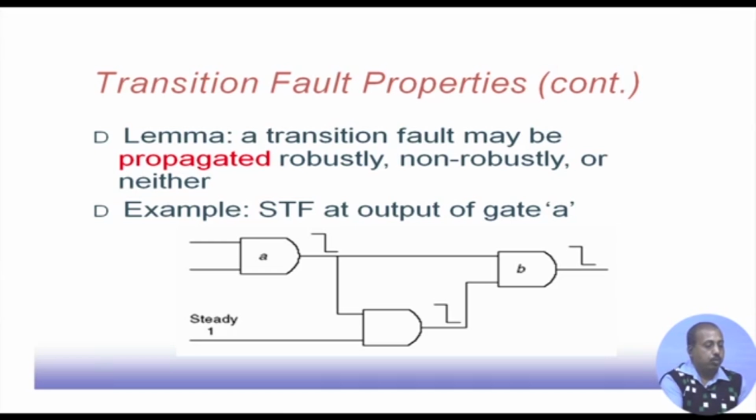So, slow to fall at output gate A. So, this is basically this output. So, this slow to fall we want to get. So, first we make it 1, and then we try to get a 0 there, by using the similar method that we have discussed. So, it is propagated basically in a robust fashion, where this path has been put to some proper value.